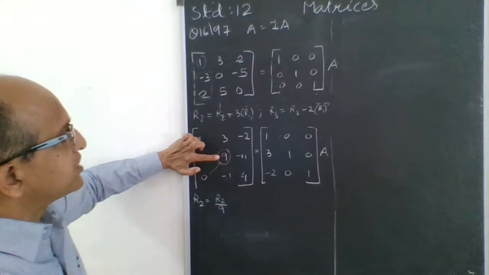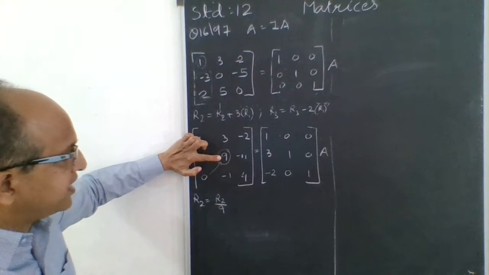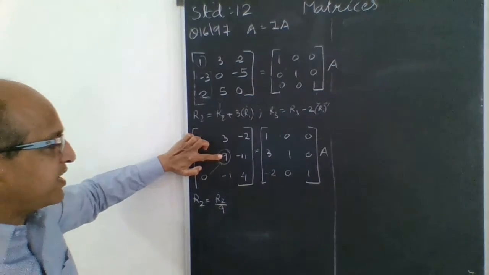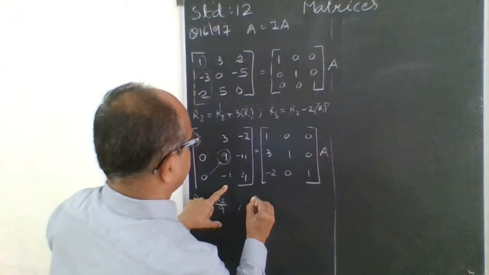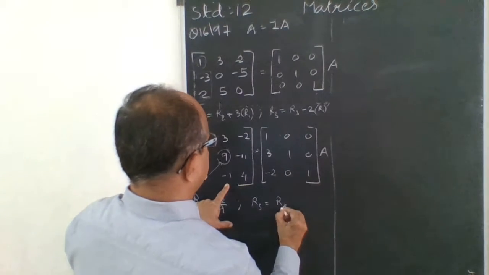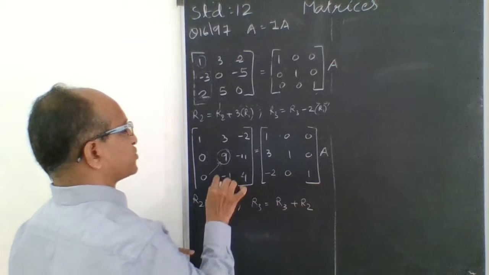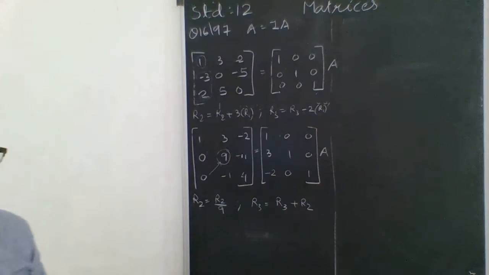So we will get 1. Understand? And after getting this 1, what we can do? We can add over here R3 plus R2. So this element also becomes 0, right?